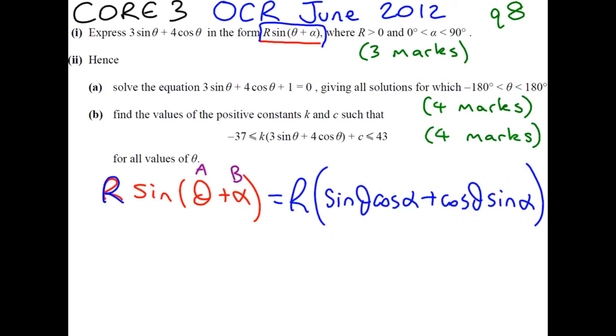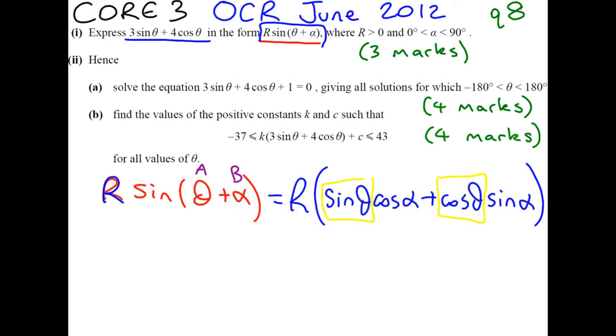Now the reason that we've done that is because we've got 3 sine theta plus 4 cos theta, and we need to see what corresponds if we look at these trig things here.